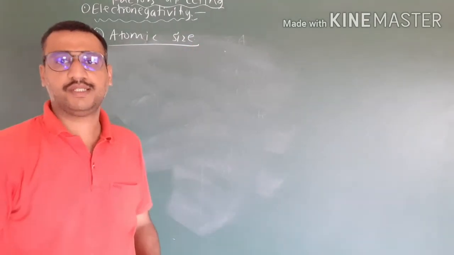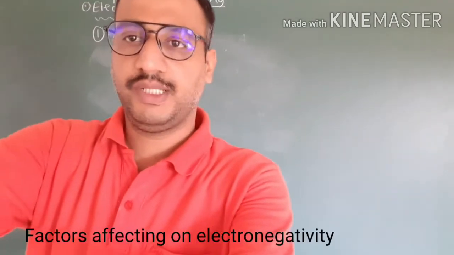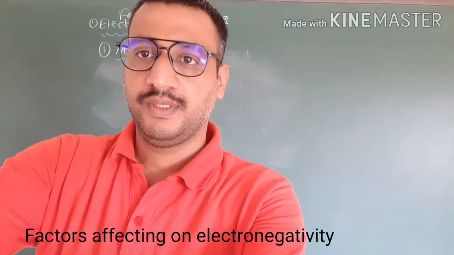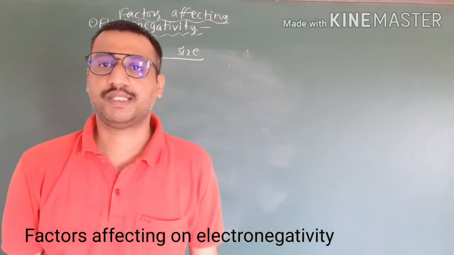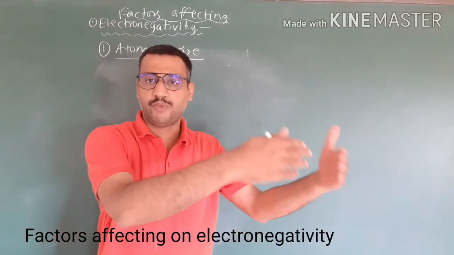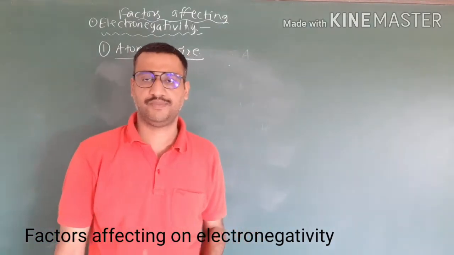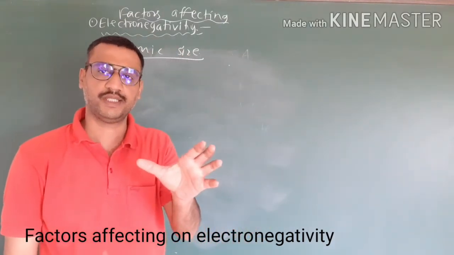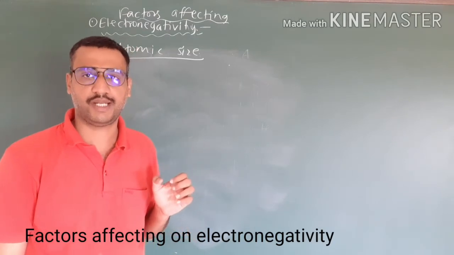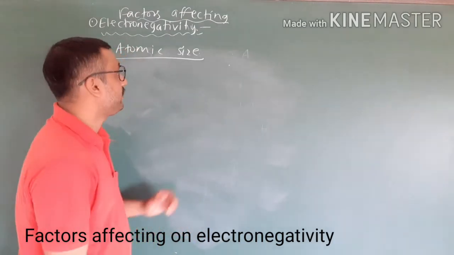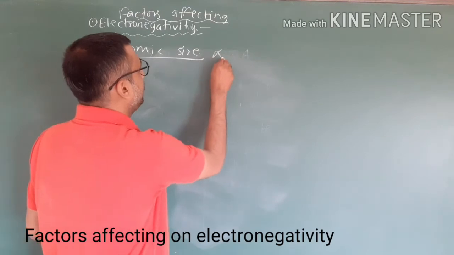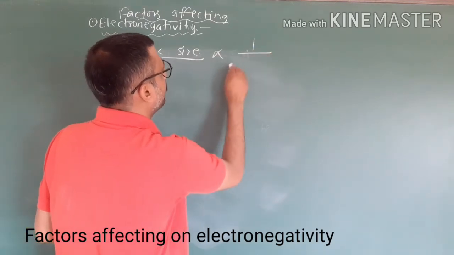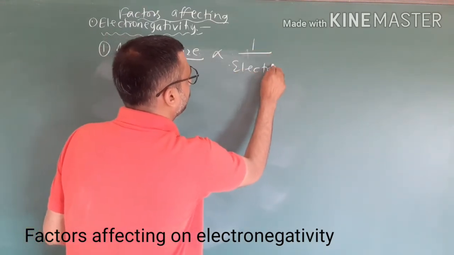We know that the smaller the atomic size, the lesser the distance between the nucleus and the bonded electron. So the smaller the atomic size, the more the tendency to attract the electron towards itself. That's why atomic size is inversely proportional to electronegativity.